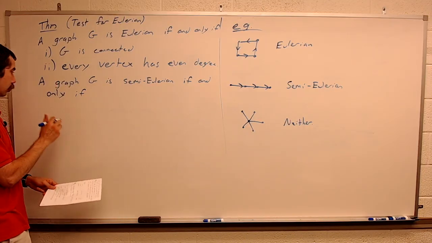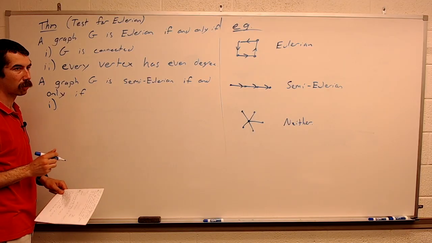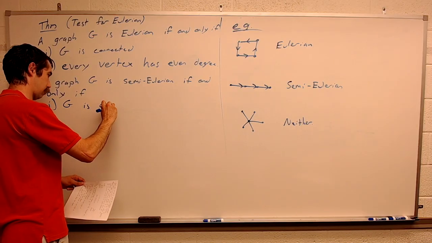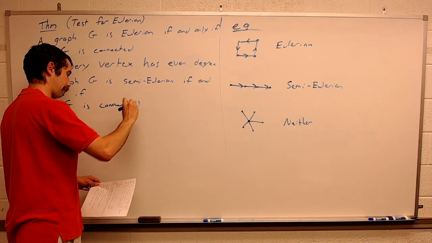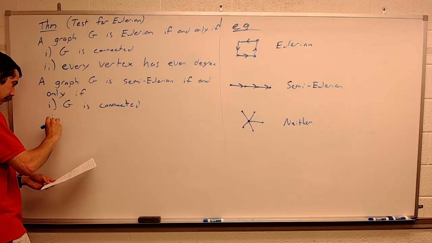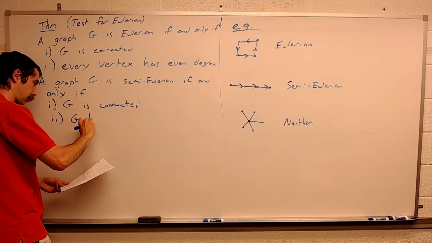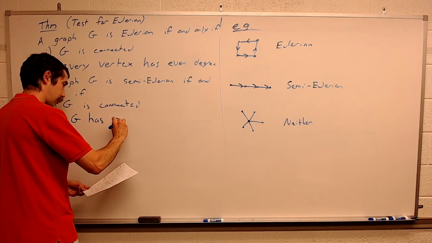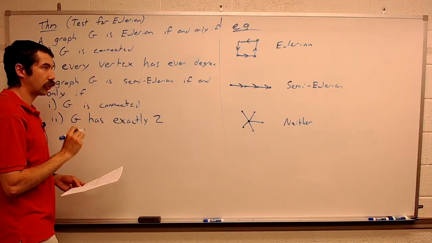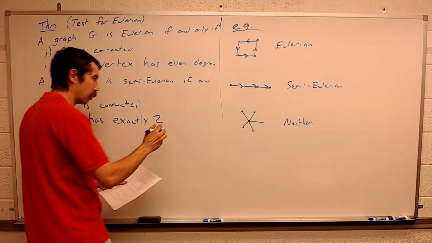First condition, tell me if you've heard this one before: G is connected. Second condition: G has exactly 2 odd vertices.